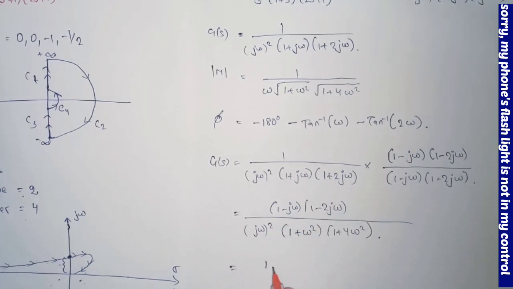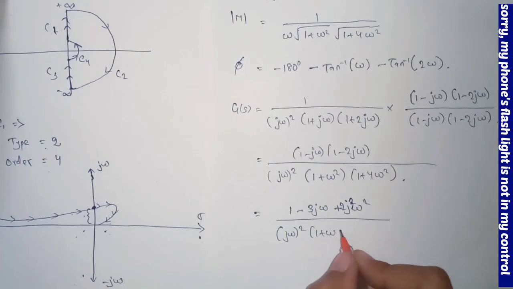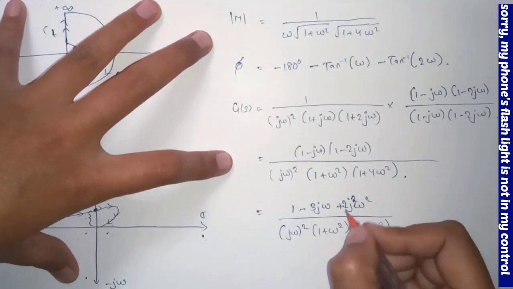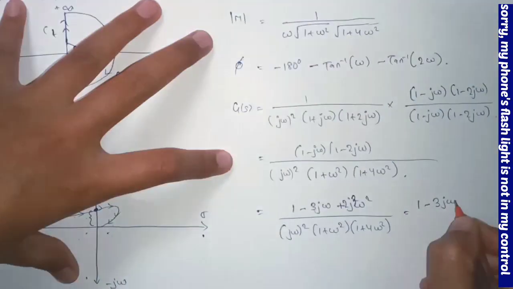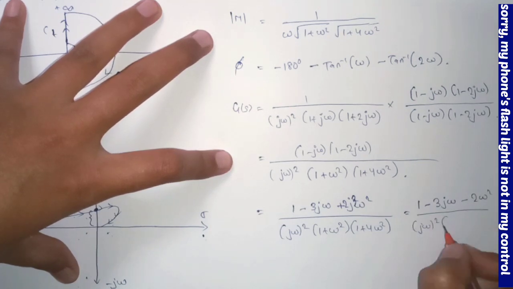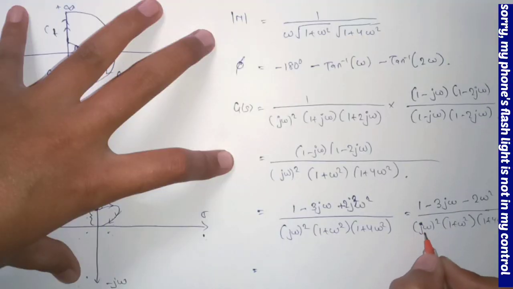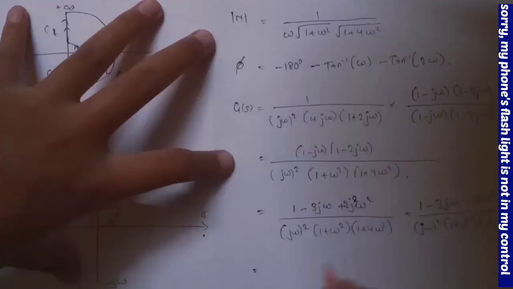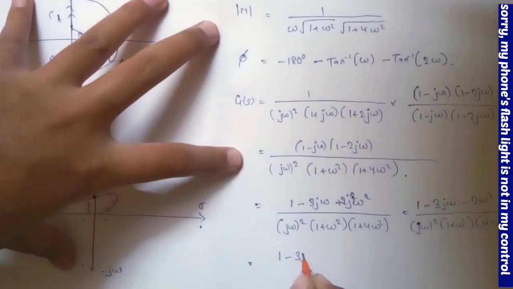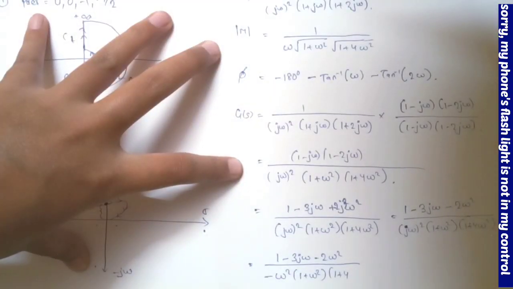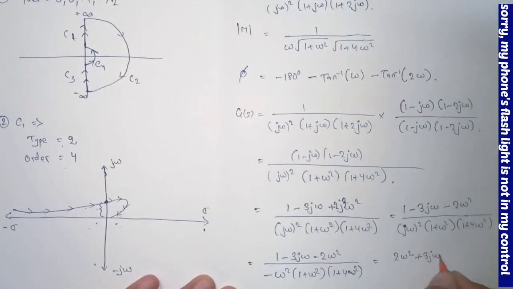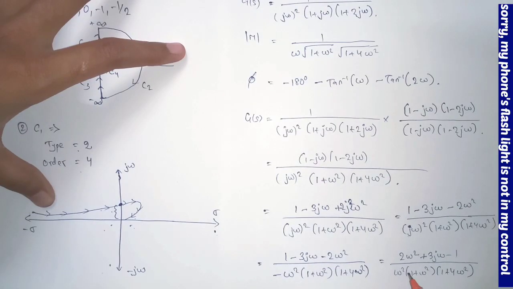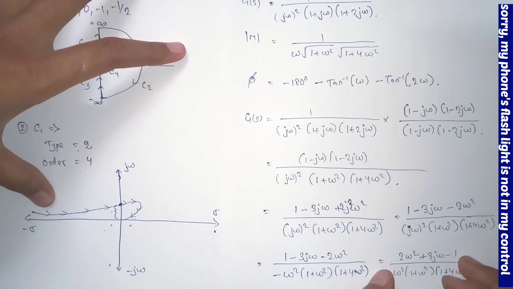So if we solve the numerator, this j square will become minus 1. Finally we got the equation like this, and now we will separate the imaginary and real part out of it.